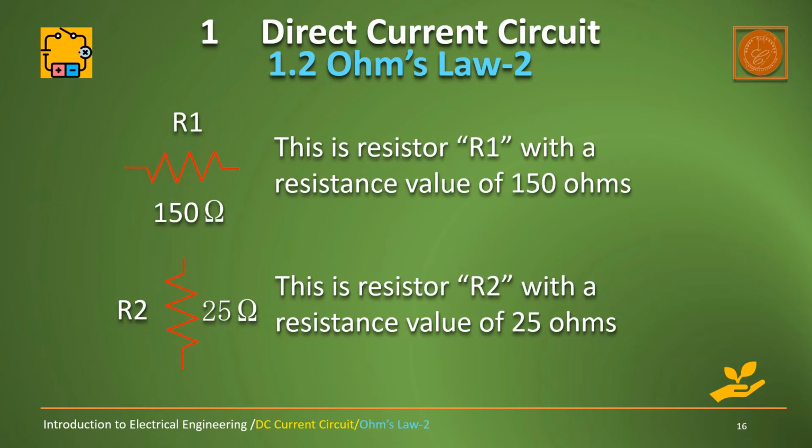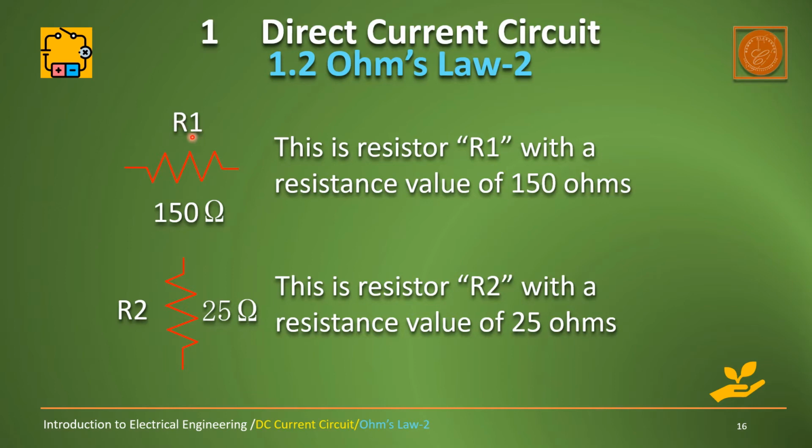And if several resistors are present in a circuit, they will be labeled with a unique identifier number, such as R1, R2, R3. As you can see, the resistor symbol can be shown either horizontally or vertically.